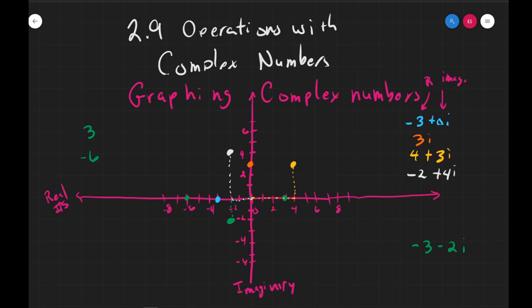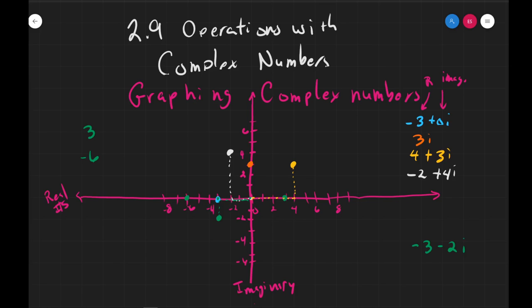We're going to start at the origin, go over 3, down 2, to get to this point here. -3 minus 2i. Okay, so that's how you can graph some complex numbers. All right, graphing complex numbers.